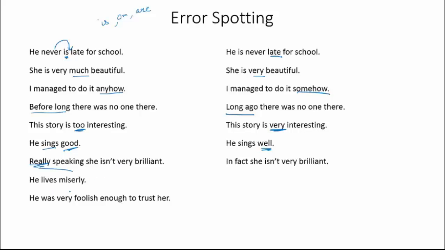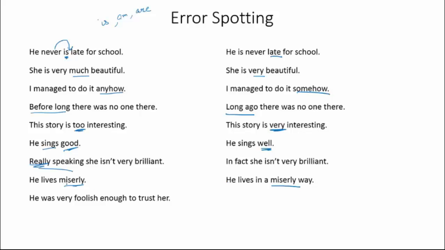He lives miserly. Miserly actually is an adjective. Sometimes to modify the verb, we use adjectives as well in the form of adverbs. But in that case, we add ly to the end. Now over here, what we should say, he lives in a miserly way.